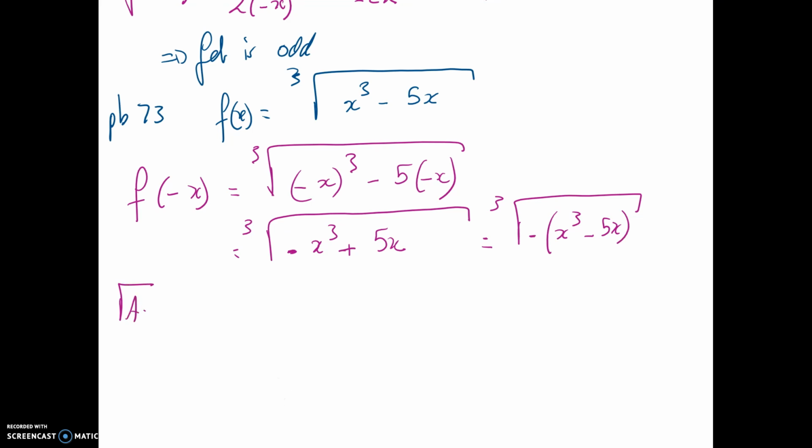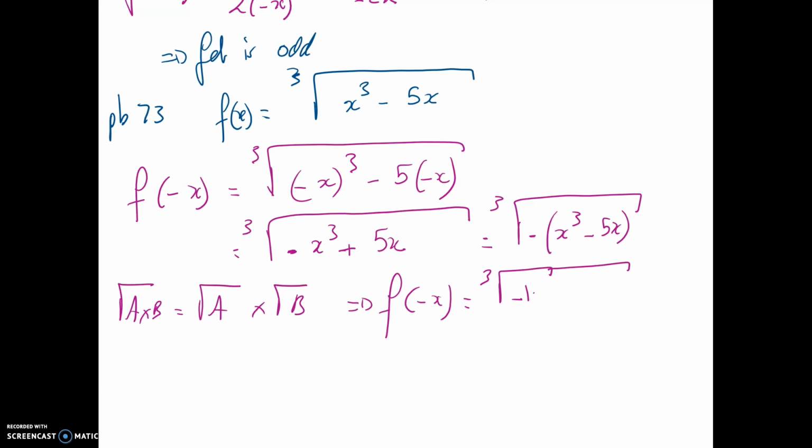Using the fact that the root of a multiplied by b equals the root of a multiplied by the root of b, I end up with f of negative x equal to the cubic root of negative 1 multiplied by x cubed minus 5x. So I have the cubic root of negative 1 multiplied by the cubic root of x cubed minus 5x.